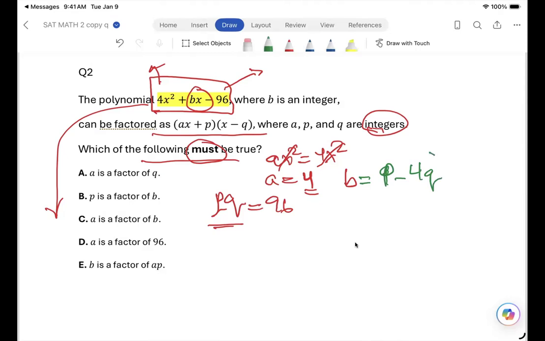Because 4 is A. When you factorize, you're going to get AQ, right? And then P, right? A is 4, and therefore P minus 4Q is equal to B. We'll use Desmos to find the actual numbers, and then we'll basically determine those situations.